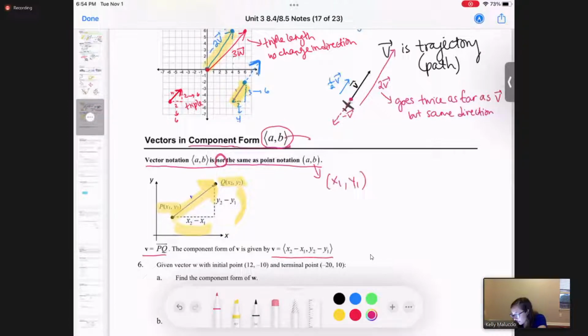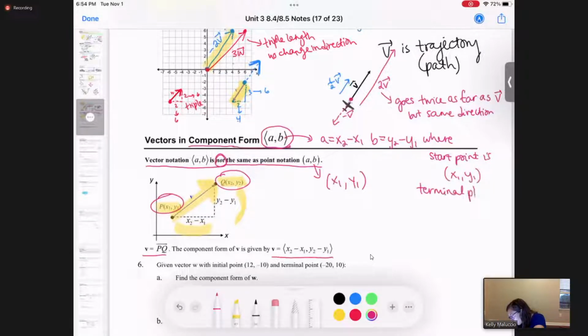But here, A is actually equal to X2 minus X1, where these are your start point and your end point, and B equals Y2 minus Y1, where the starting point is X1, Y1, and the terminal point is X2, Y2. So just like we labeled at the beginning, that's what we're seeing here.